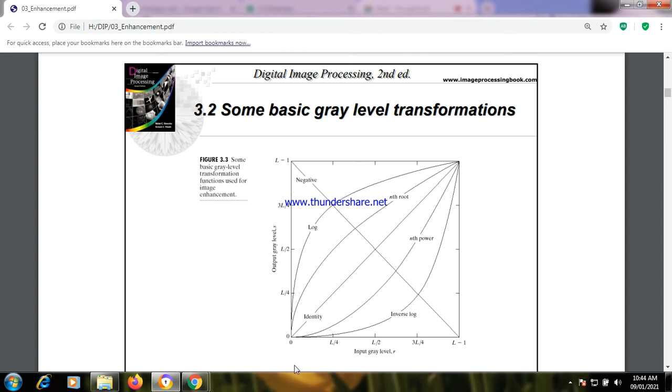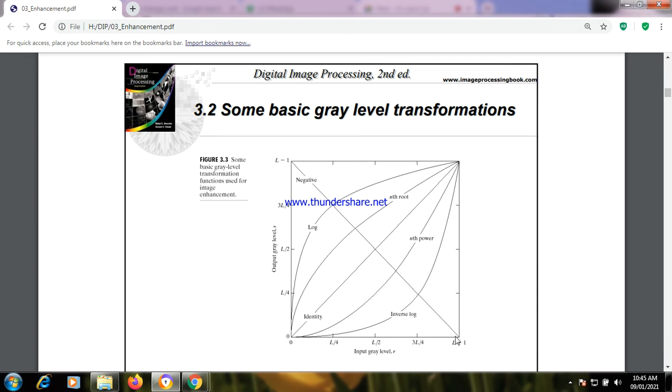In the case of the negative image, this is the input. If the input gray level is 0, we map it to L minus 1. L is 256, so 256 minus 1 is 255. If the input gray level intensity value is 0, we map it to 255, and if the input gray level value is 255, we map it to 0.